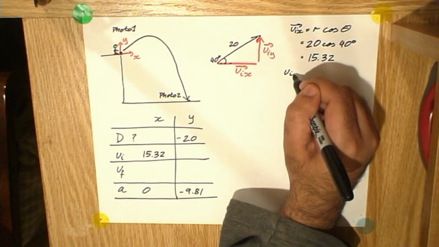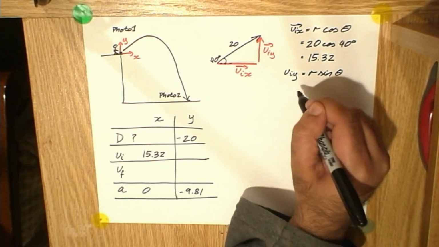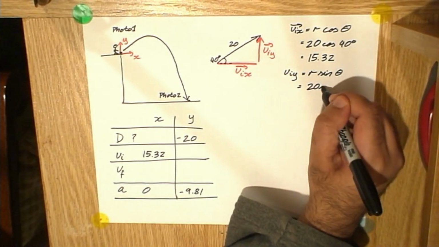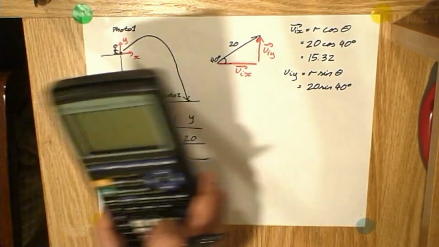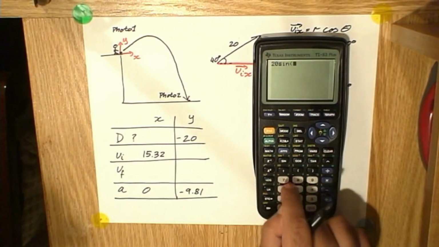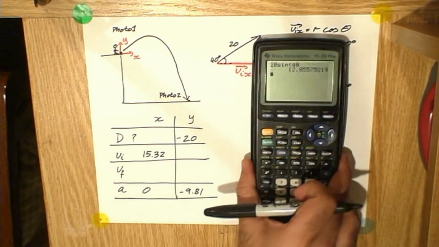What about in the y direction? That would be r sine theta, which is 20 sine of 40 degrees, which is 12.86.